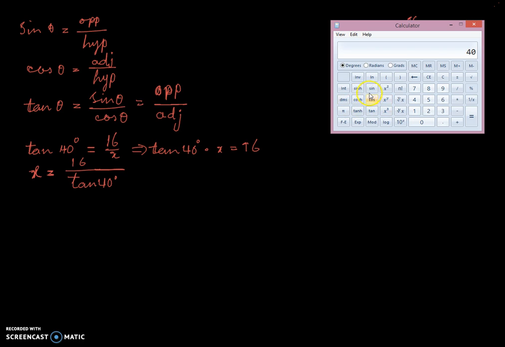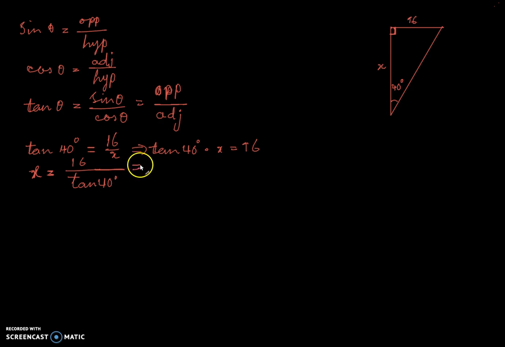Tan 40 is approximately 0.839. So it's basically equal to 16 divided by 0.839.